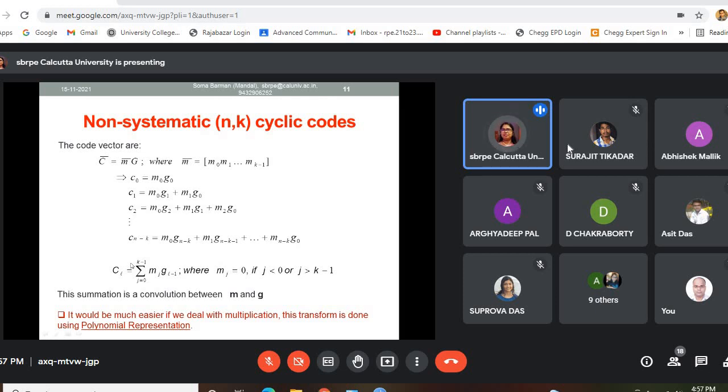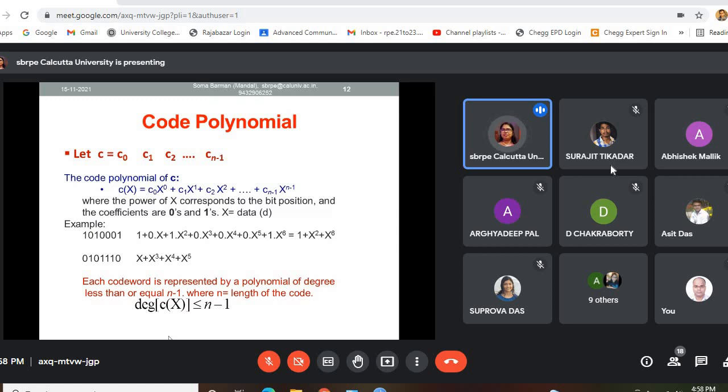So instead of this complex convolution operation, you can easily represent this by polynomial representation. Mostly we represent cyclic codes by polynomials: the message by the message polynomial, and the generator matrix by the generator polynomial.